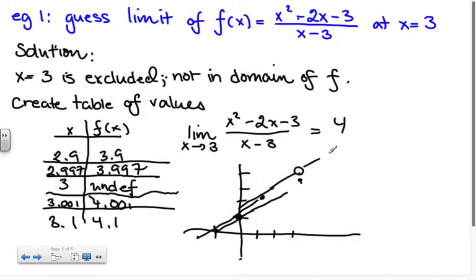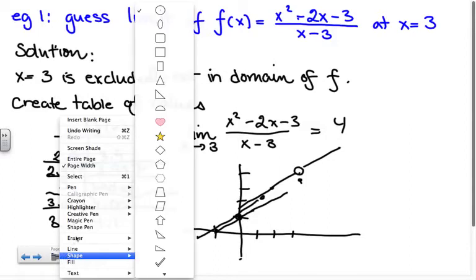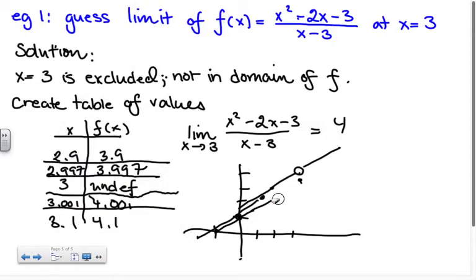I apologize for this horrible picture, but it'll do. There's a hole at that graph. There's a hole at that particular point. Why? Because the denominator cannot be 0. So it is very important for you to see that in the situation, a limit does not have to be part of a function at all. But the idea is that it's approaching a particular number, from either side. So everybody understand the concept of the idea here.